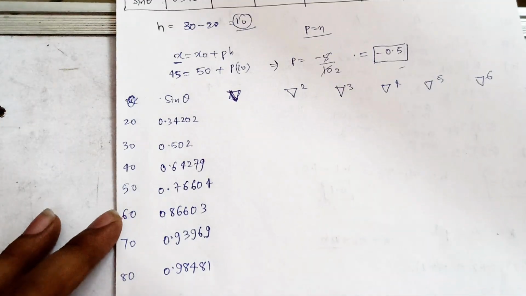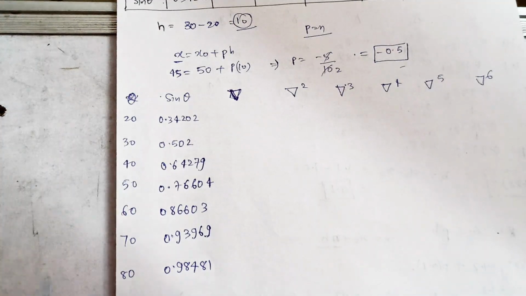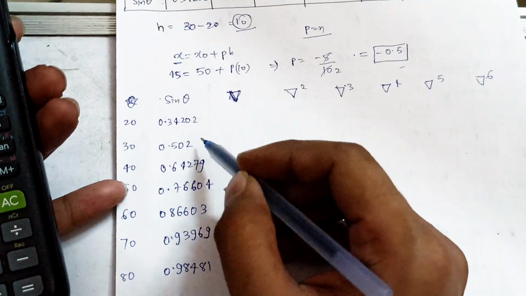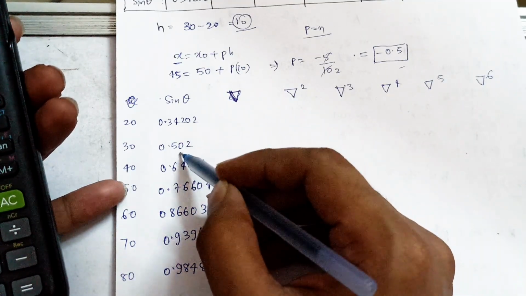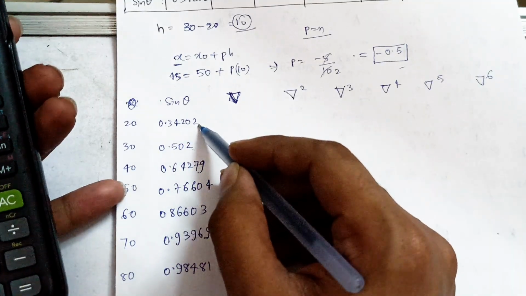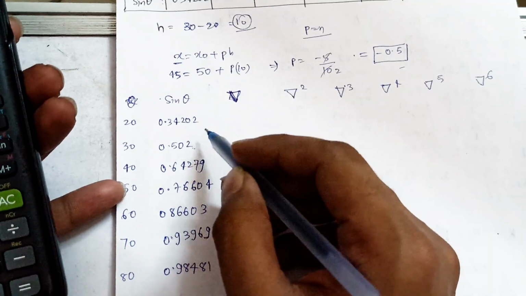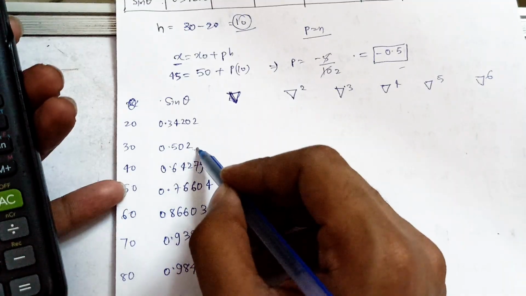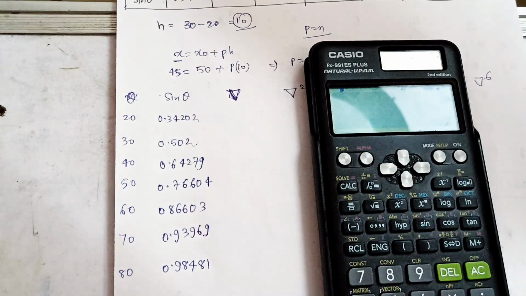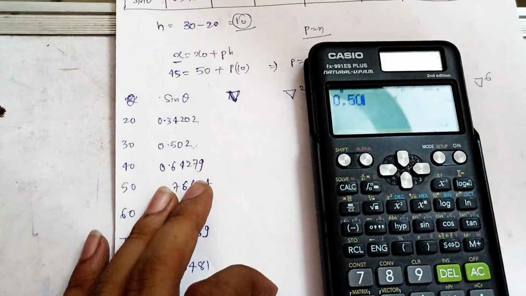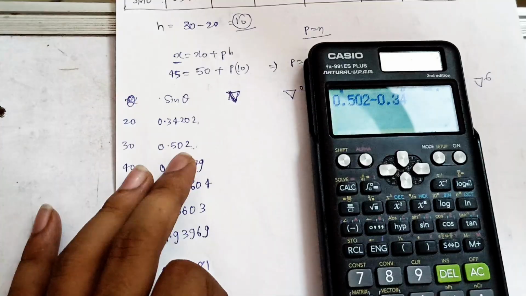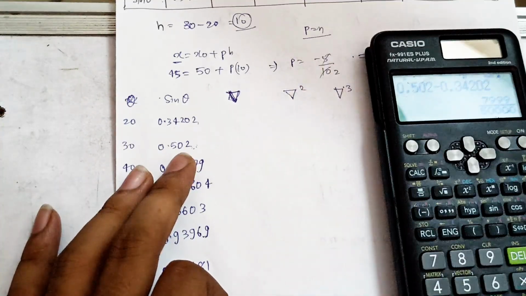Now we need to find del. For the value of del, we find the difference between both values, 0.502 and 0.3402. Since we always find the difference by taking the bottom value minus the top value, let's find it.